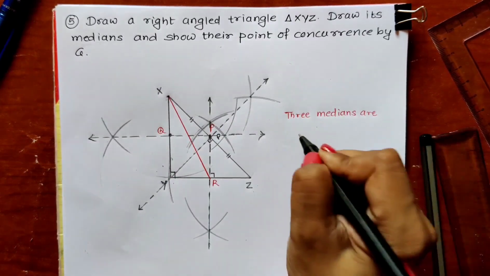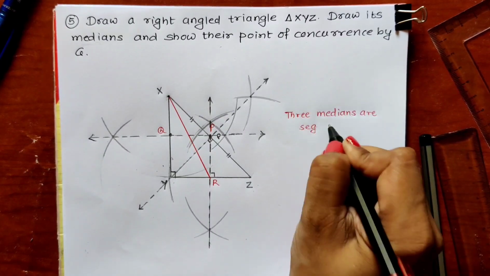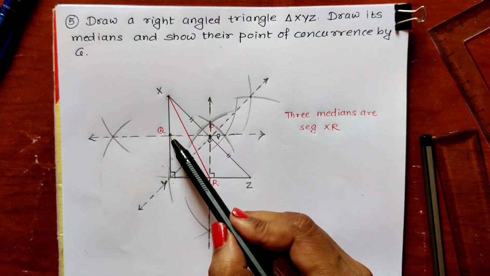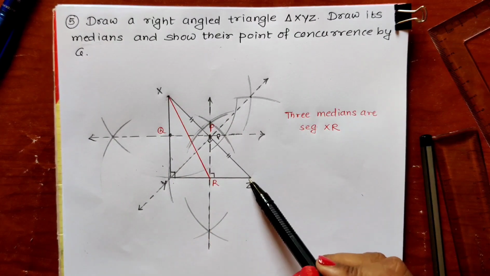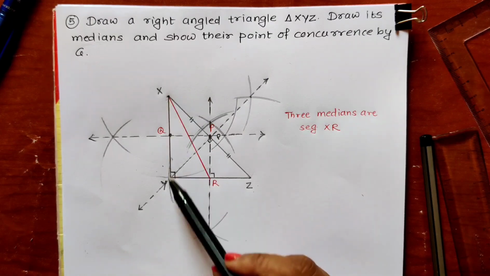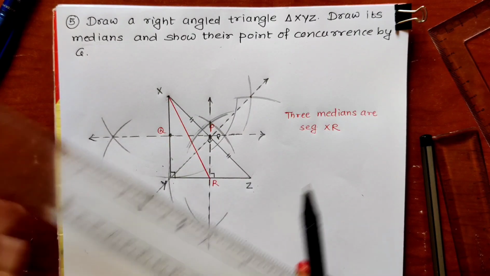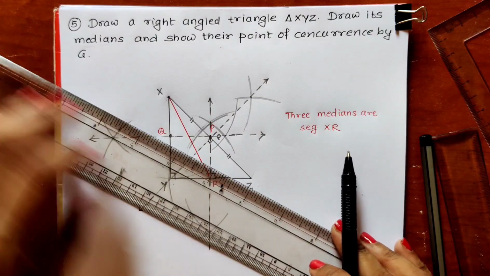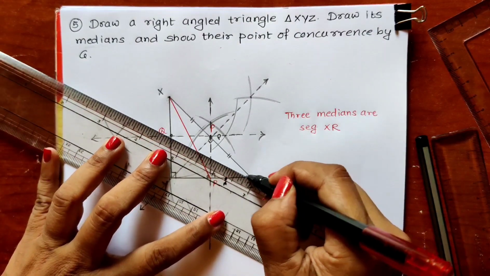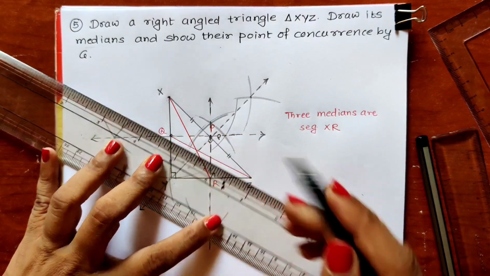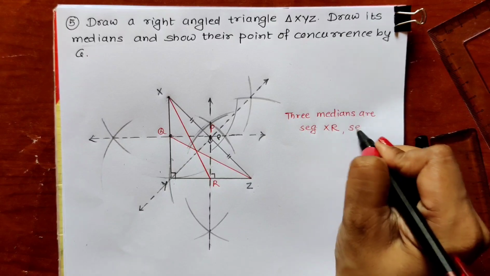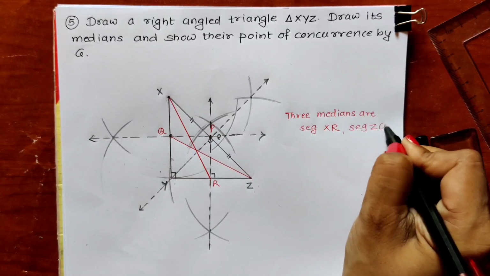Three medians are: first median is seg XR. Now the second median we can draw from point Q to Z. Z is the vertex of the right angle triangle and its opposite side is XY, whose midpoint is point Q. So let us draw this second median, which is seg ZQ.